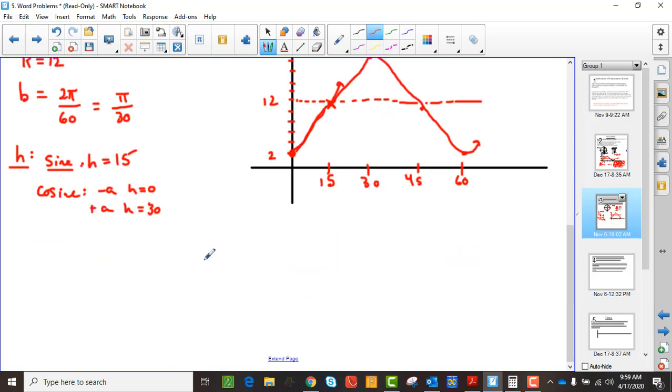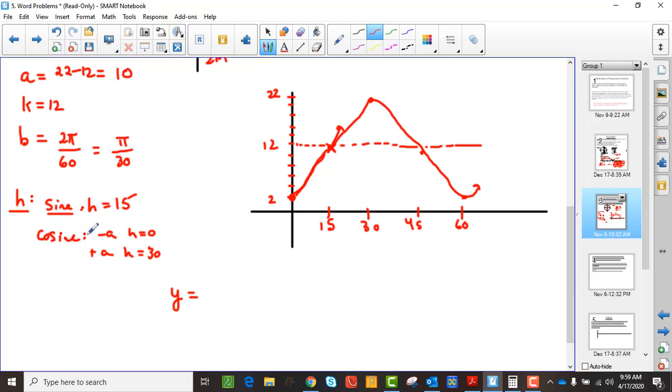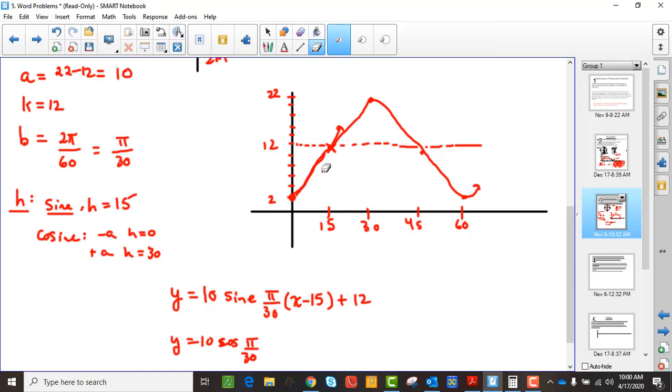So that means your equation is going to be, for sine and for cosine too, the only difference is the h value. So for sine and cosine, the a value is 10. If we put sine in here, our b value is pi over 30. Then we have x minus h. H, for our purposes, is 15. And then plus k, which is 12. For cosine, it's the exact same thing, except I don't need to write sine like that.